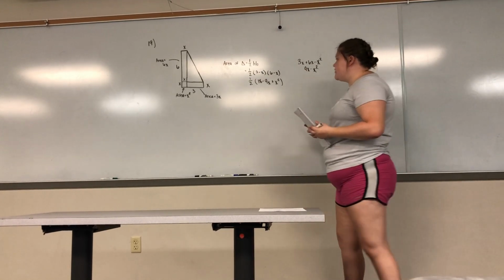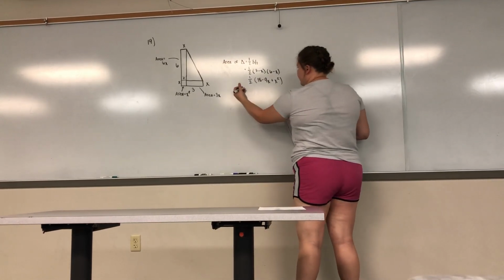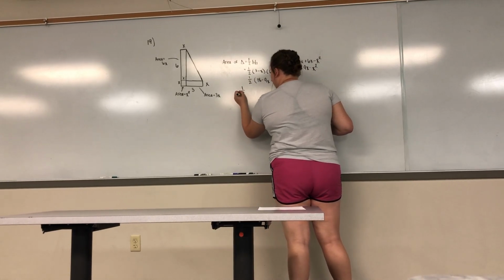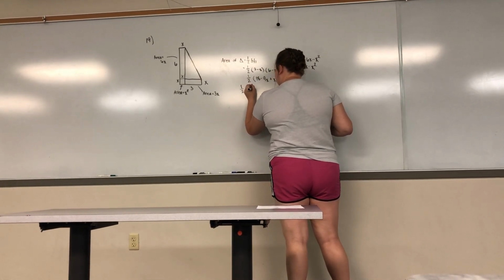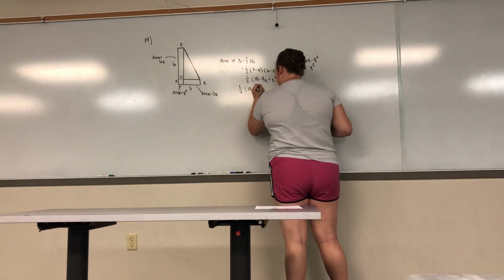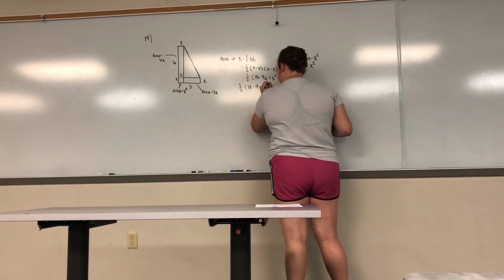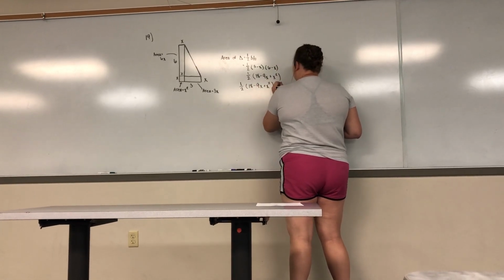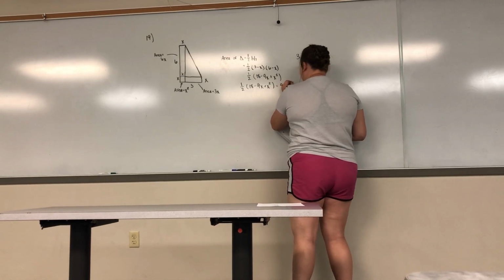So since we know that they're going to be equal, we can set them equal to each other. So we get 1/2 (18 minus 9x plus x squared) is equal to 9x minus x squared.